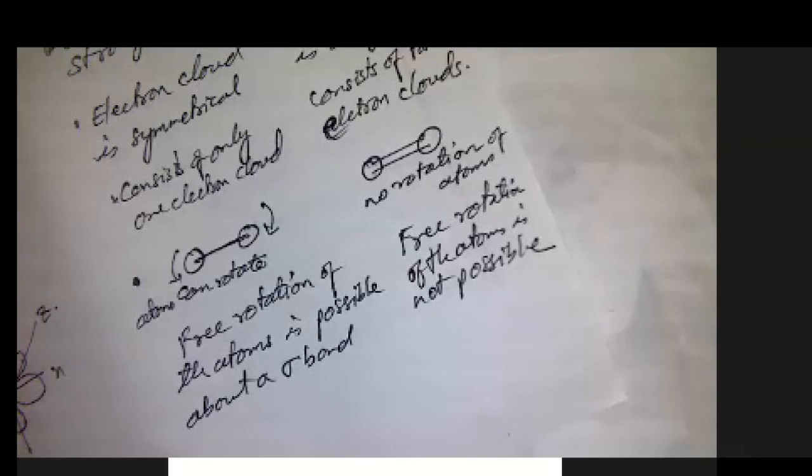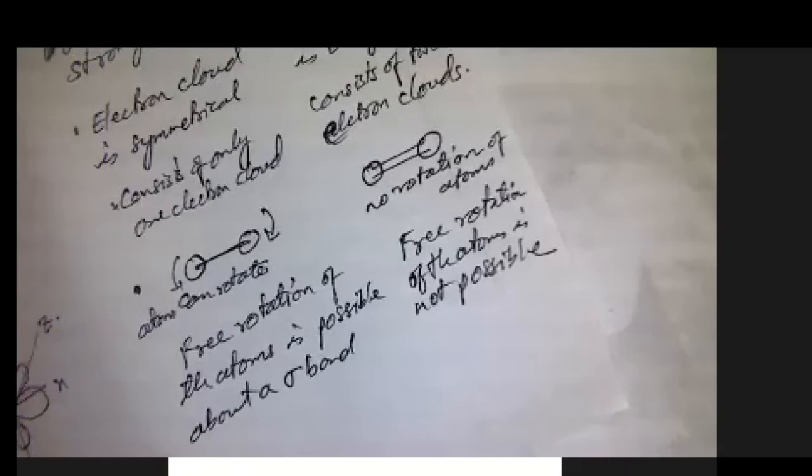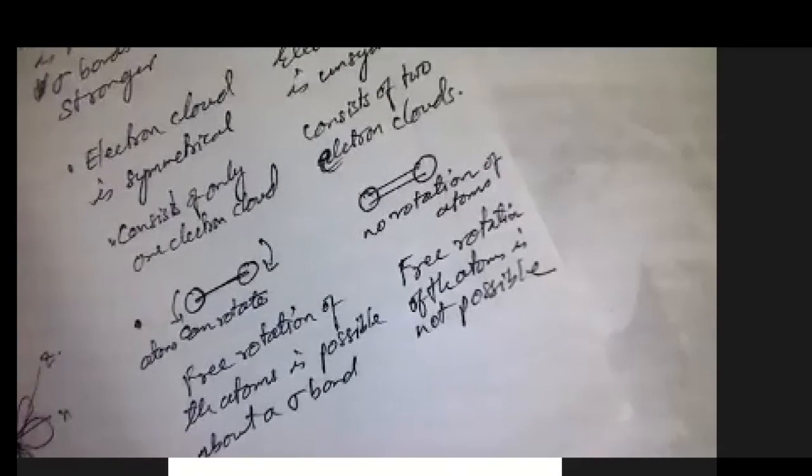Whenever the same orbital is filled, the electrons are in opposite spin. Clear? And the strength of a covalent bond depends upon the amount of overlapping. So you'll remember all these points. Two types of bonding, sigma bond and pi bond. I've told you how they are formed. You should know them. And the difference between them I've given you. All these things are very important. You have to learn all these things.